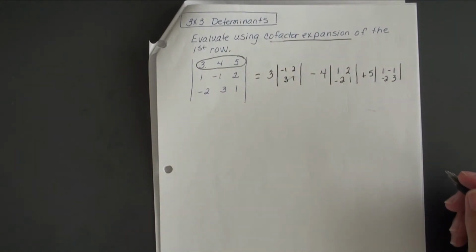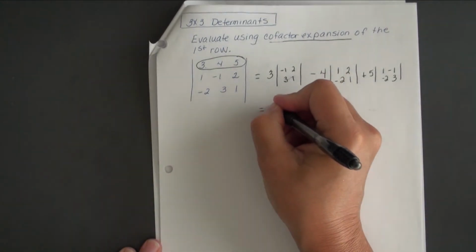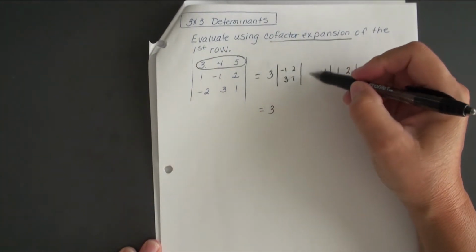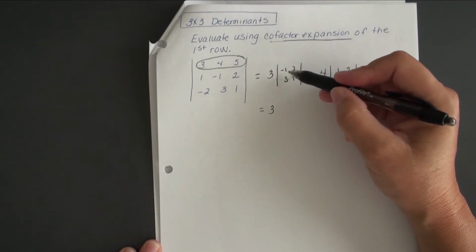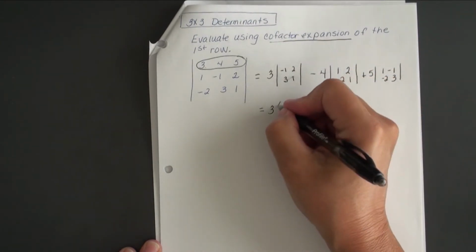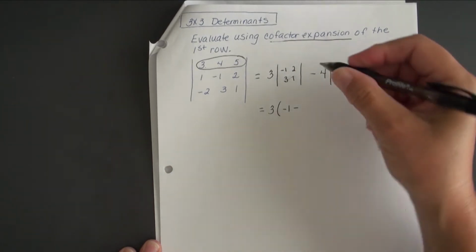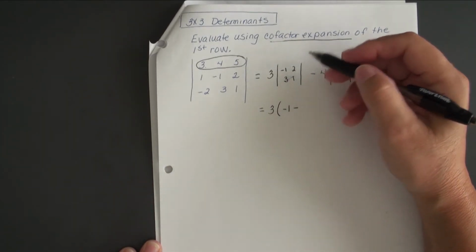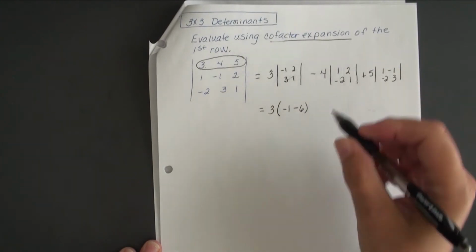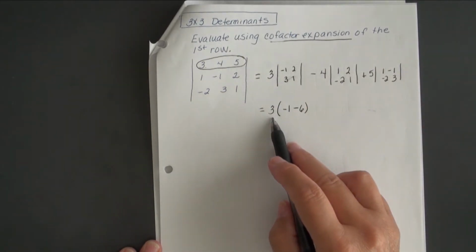Okay, so now we're ready to evaluate this because we know how to evaluate 2 by 2 determinants. This determinant would be -1 times 1 is -1 minus 3 times 2, which is 6. And you'll notice I'm just writing the 3 out in front. I'm going to multiply that in the end.